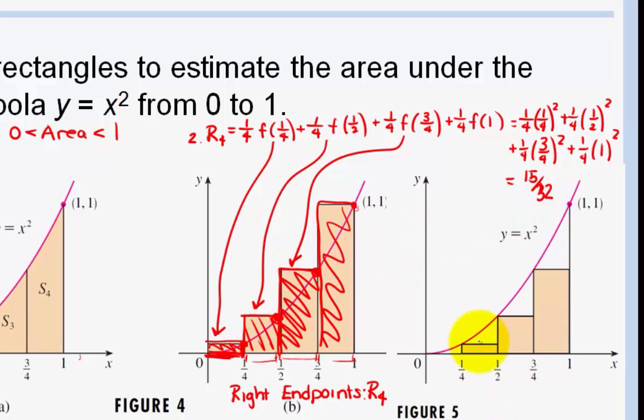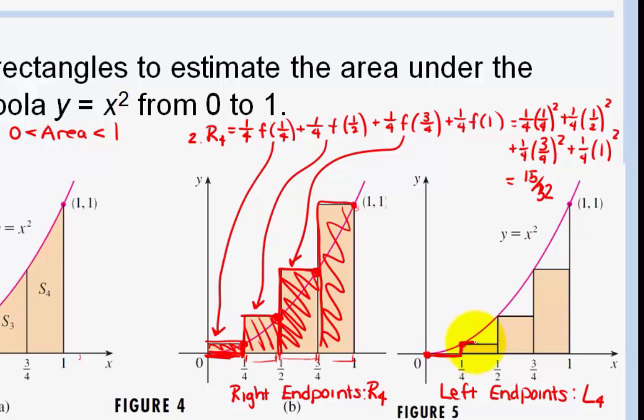If I use the same logic here, using my left endpoints, and I make 4 of them, basically I'm going to pick up the left point, and then I'm going to go over. So my first rectangle, it looks like it's not there because I didn't go up at all. And that was my first one. Here's my second one.